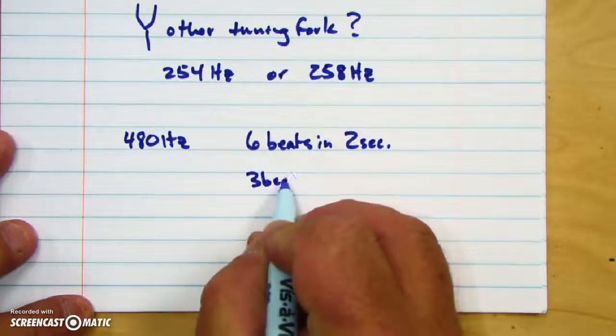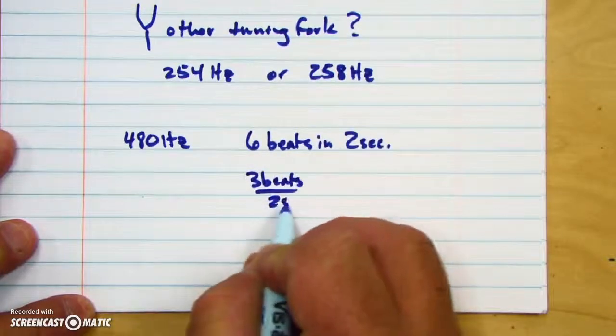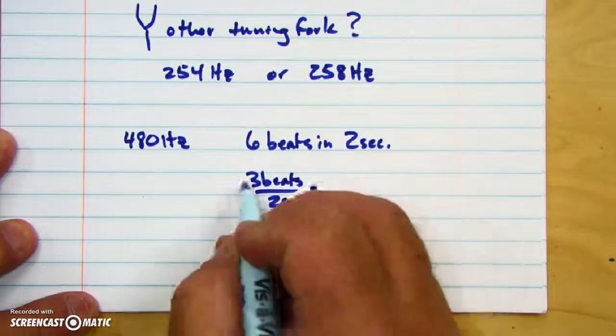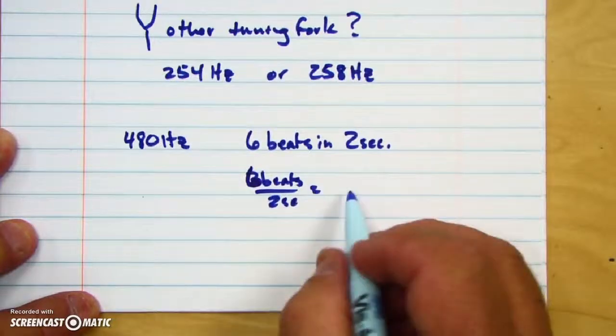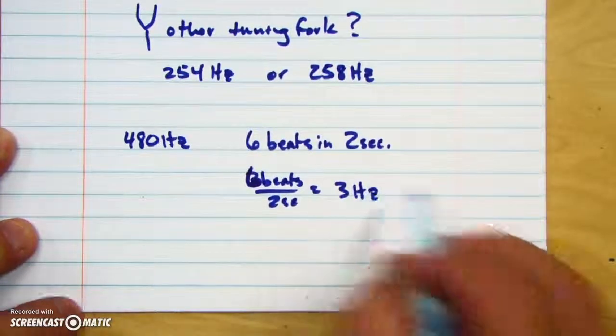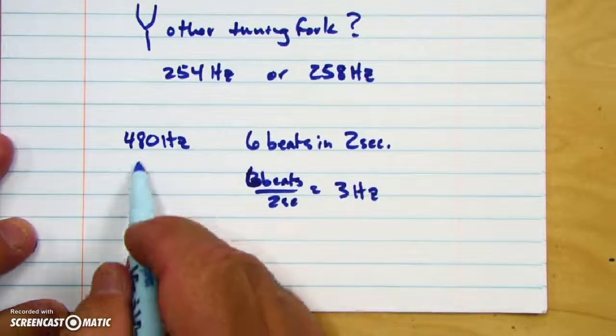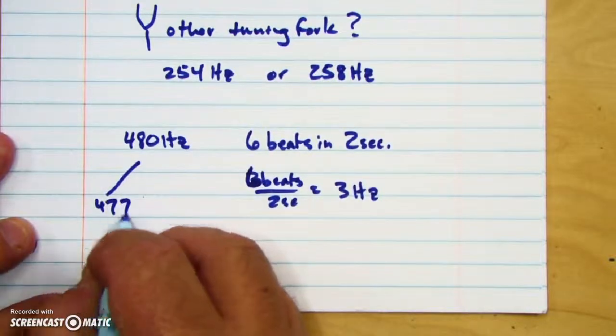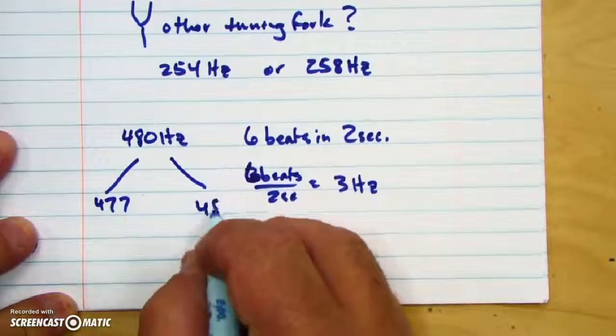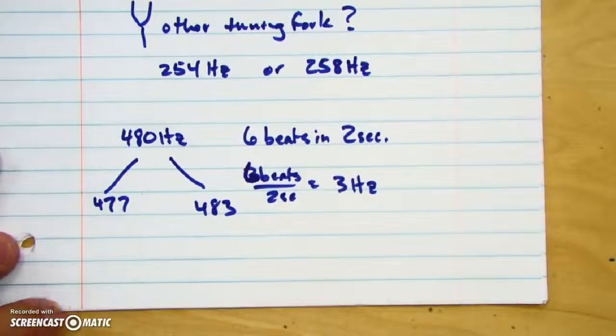Well, 3 beats for every 2 seconds. How about 6 beats for every 2 seconds, which is 3 hertz. So therefore what I have is 477 or 483. It can be either high or low. I don't know which one it is. It can be one of the two.